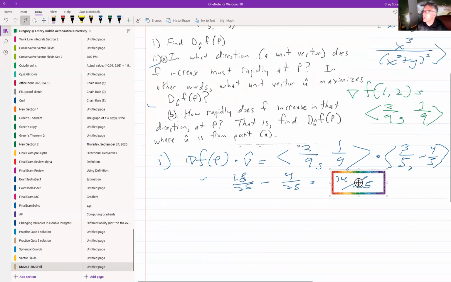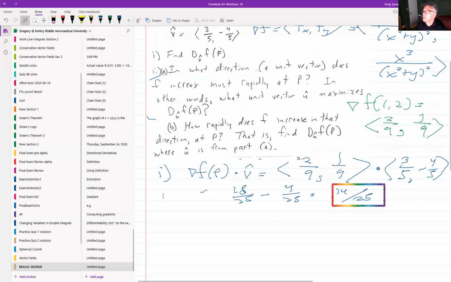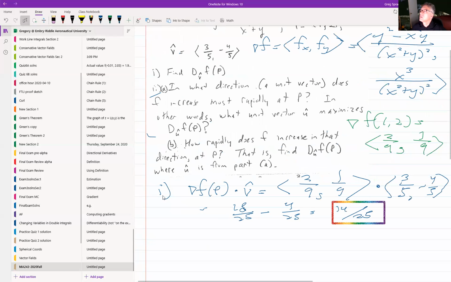The next one is trickier. In what direction, which is a unit vector, does f increase most rapidly at the point p? That is, what unit vector maximizes the directional derivative? And the answer is, it is the direction of the gradient.